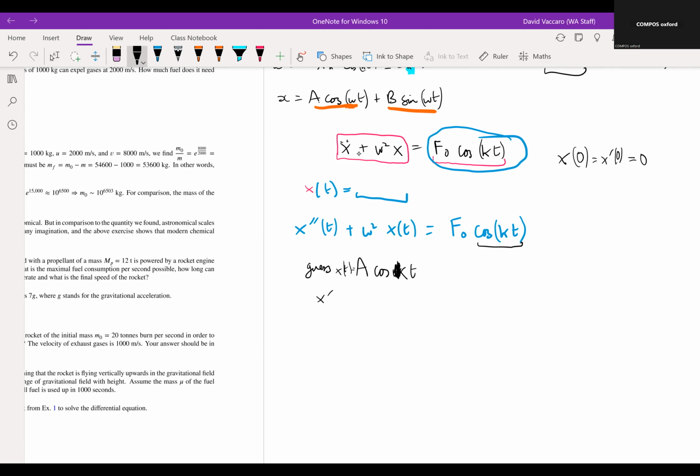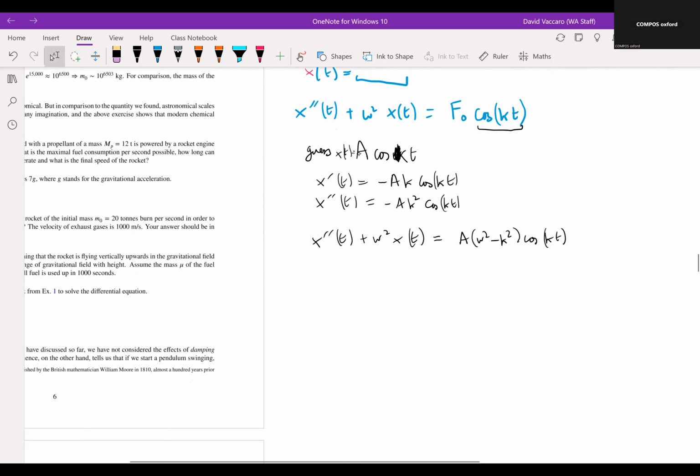So x dash t is minus ak cos kt. X double dash t is minus ak squared cos kt. And then x double dash t plus omega squared x t is equal to a times omega squared minus k squared, cos kt.